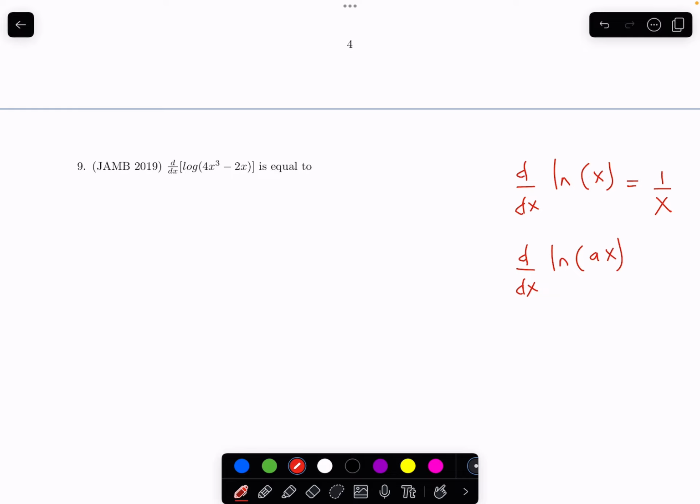You should also note that for d/dx of ln(ax), it's going to be the derivative of what is inside here, which is ax.